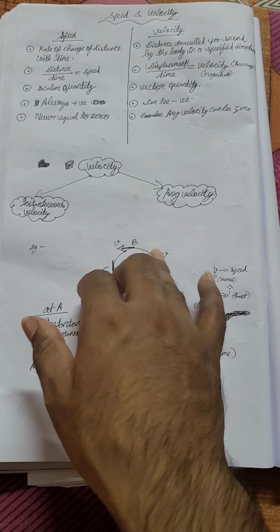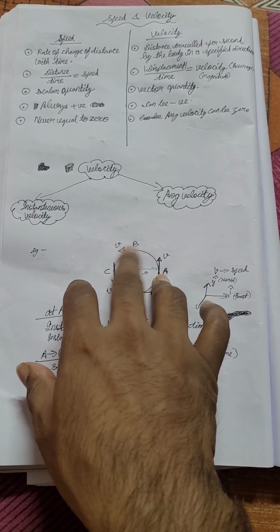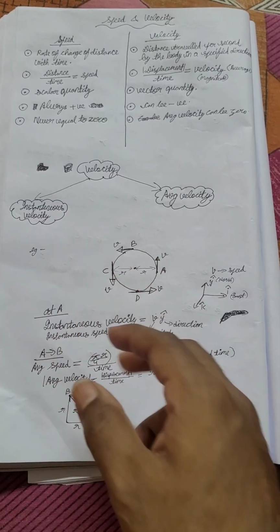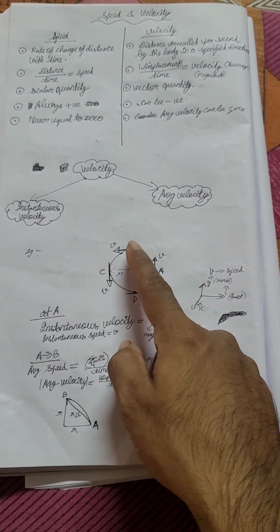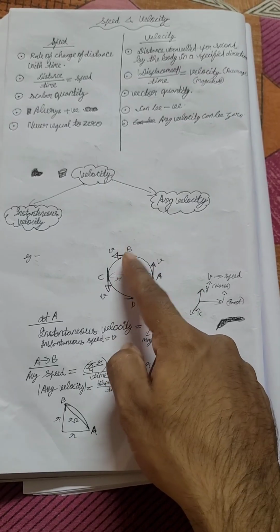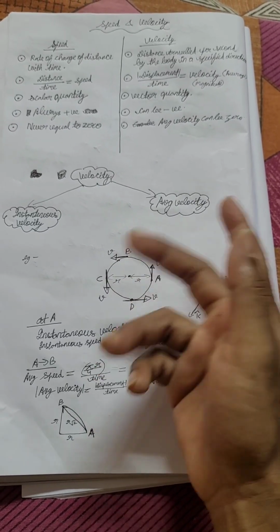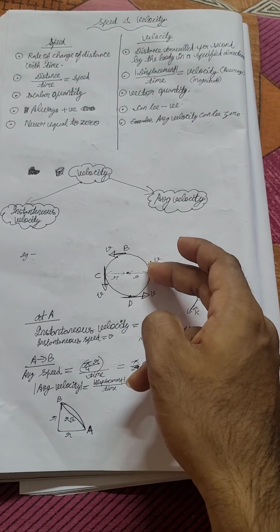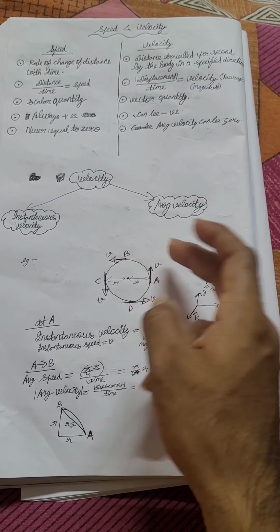At A, the direction of velocity is upwards, and at B, the direction of velocity is westwards, in this direction. So the velocity at A is not equal to the velocity at B.